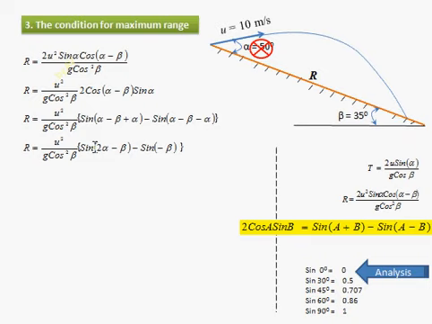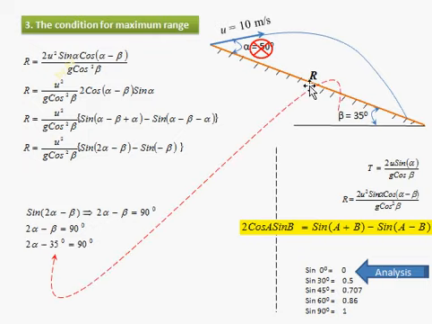To do that, let us take this part alone separately and analyze. That is sine of 2 alpha minus beta. We consider that 2 alpha minus beta is equal to 90 degrees. If you substitute 90 degrees here, we get sine 90 equal to 1. So finally we have this.